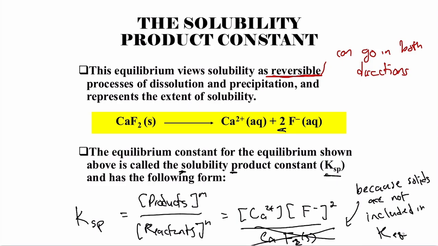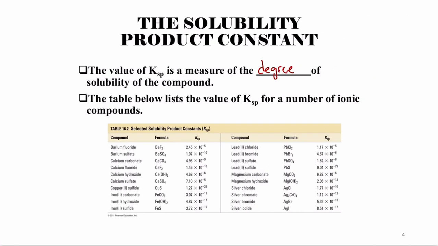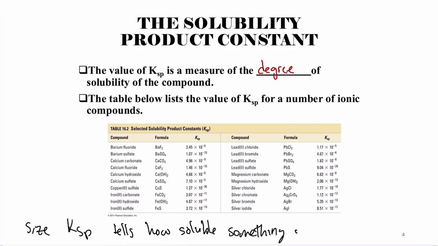So the reactants are the solid, which means that the magnitude of Ksp tells us how soluble something is. The smaller this value is, the more reactants we have in this case. So is that going to be something that's more or less soluble, you think?